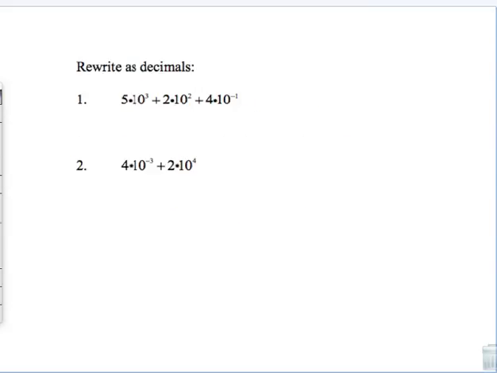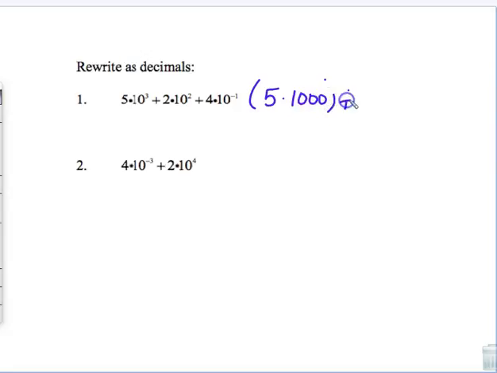On the next one, I'm giving you the expanded notation, and I want us to write this as the decimal numeral. So we have 5 times 10 to the third. That's 5 times 1,000. 2 times 10 squared, that'd be 2 times 100. And then 4 times 10 to the negative 1, that's going to be 4 times a tenth. What you can do, if it helps you, is you might change it to this first.